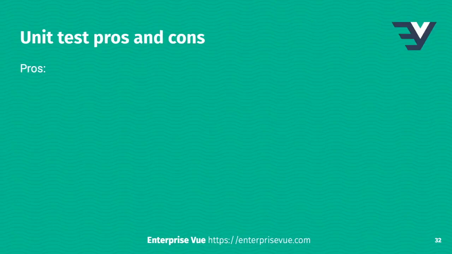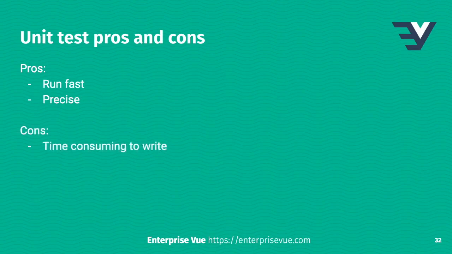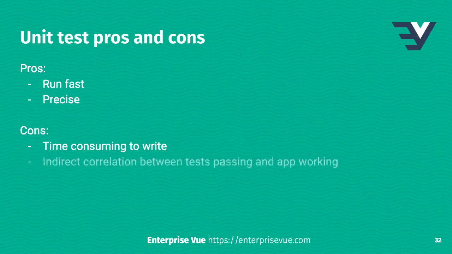The pros of unit tests is that they run fast and they're precise, allowing us to pinpoint issues in the code right down to a specific function. But the downsides of unit tests is that in large applications particularly, it's time-consuming to write unit tests for every part of the code. And not only that, but even if the unit test suite passes, it doesn't tell us if the application actually works in the hands of users.